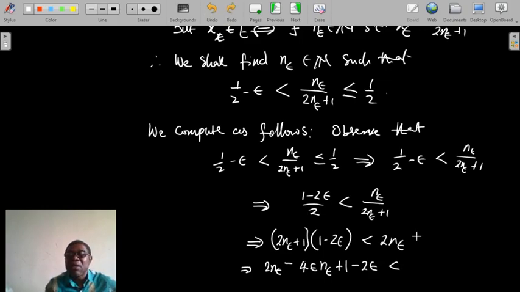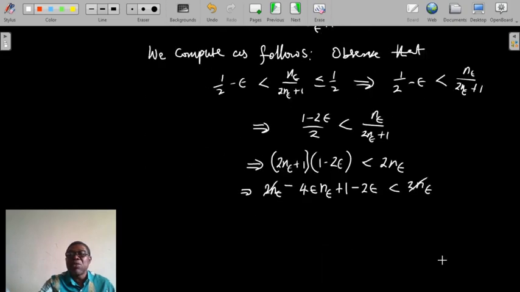Of course, looking at these two sides, you will observe that there is 2n_epsilon this way and there is 2n_epsilon this way. And if we subtract 2n_epsilon from both sides, this and this will cancel out.